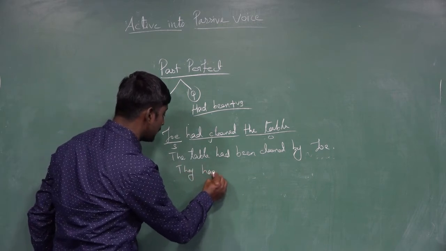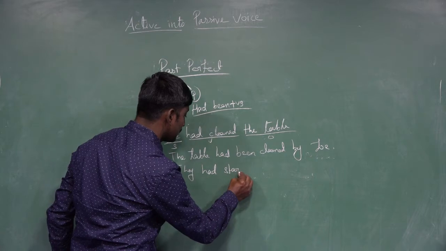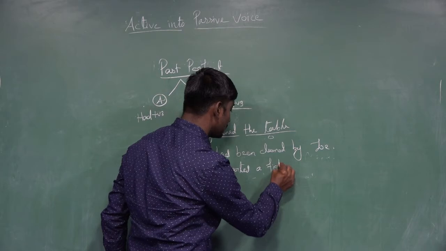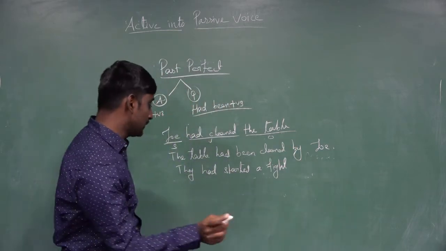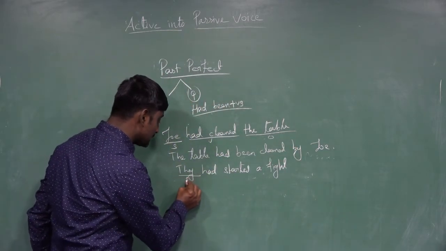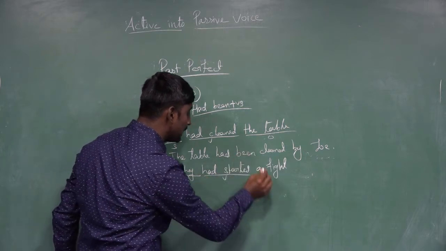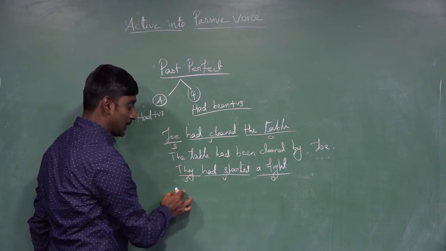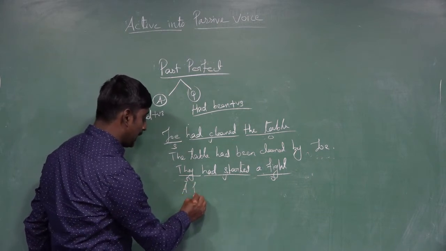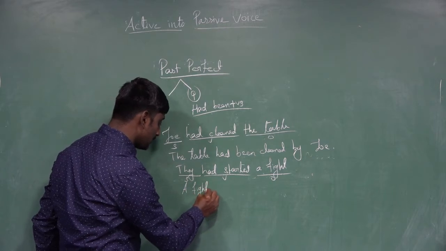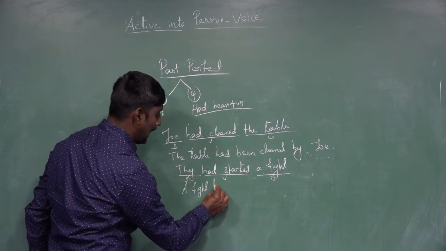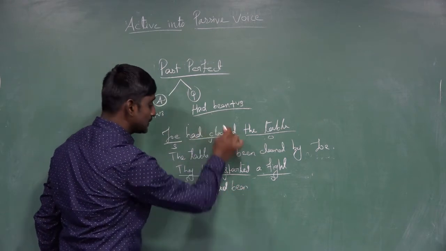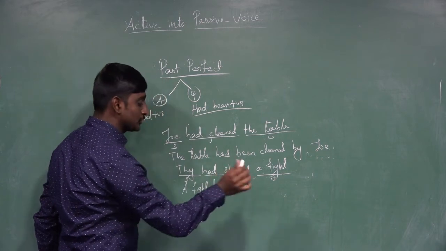Another example. They had started a fight. They is the subject, had started is the verb, a fight is the object. The object comes to the subject place. A fight had been, the fight had been, the V3 form, started.